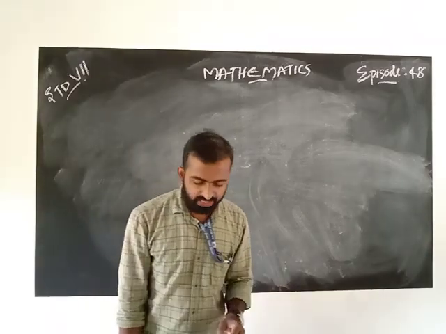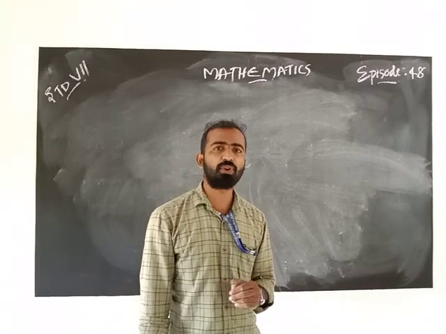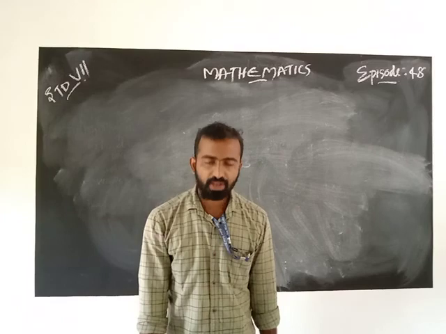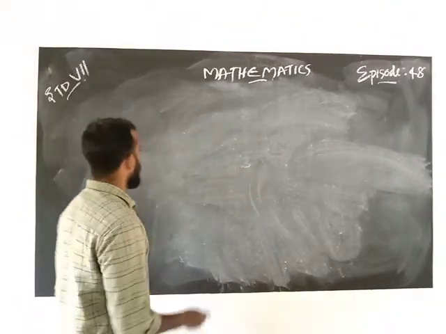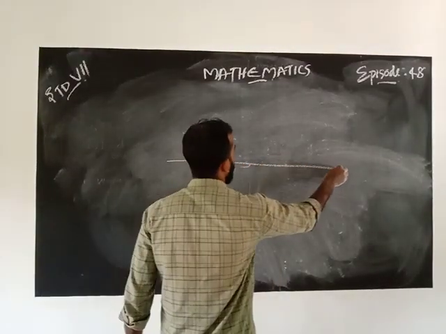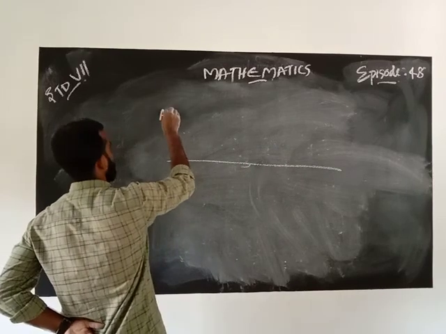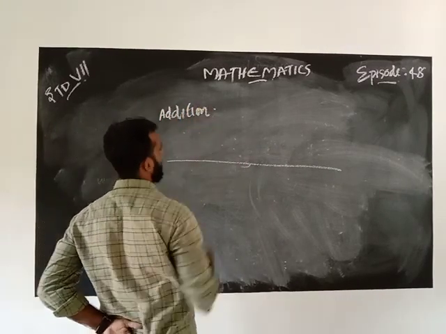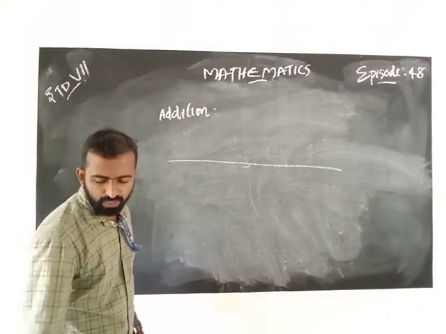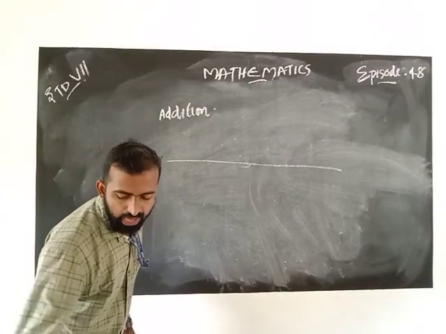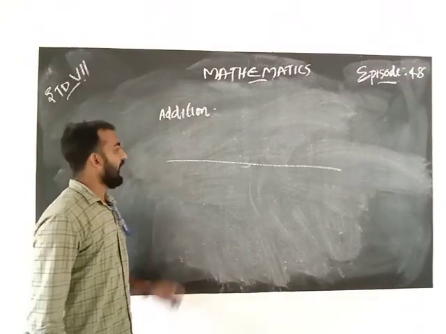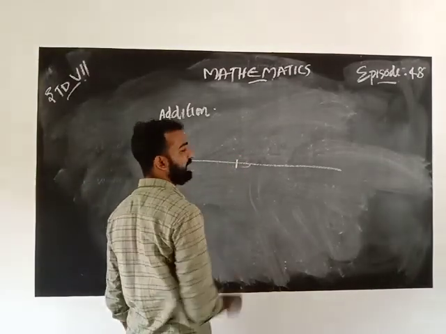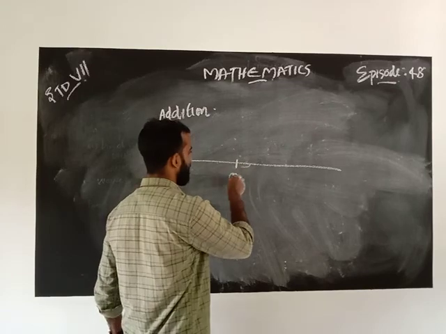So first we study the addition of rational numbers with the same denominators. We already know the number line, where here is 0.